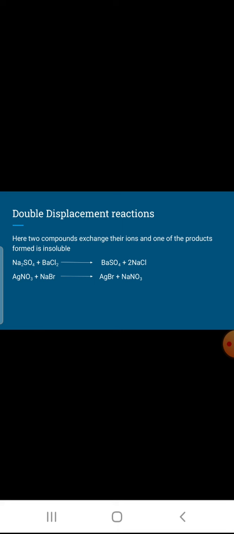When sodium sulfate is treated with barium chloride solution, then we will get barium sulfate and NaCl in solution. Barium sulfate will be in the form of precipitate. Precipitate means insoluble substance.